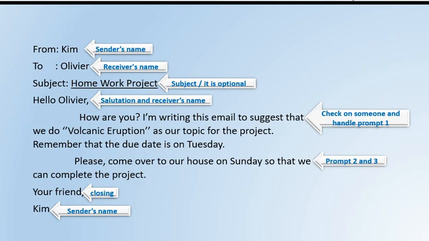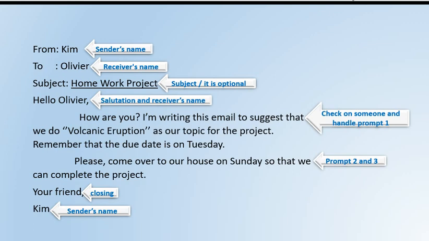You write Hello, or you can write Hi or Hey, then the name of the receiver, comma, then you come down to your first paragraph. In your first paragraph you can handle prompt 1 or prompts 1 and 2. Then in the second paragraph you can handle prompt 3 or prompts 2 and 3.